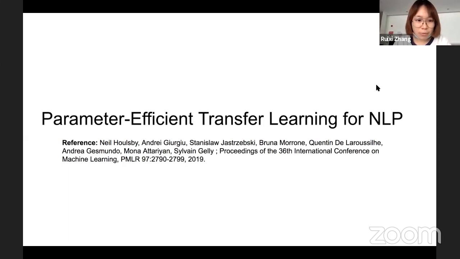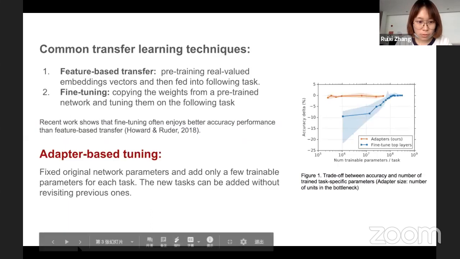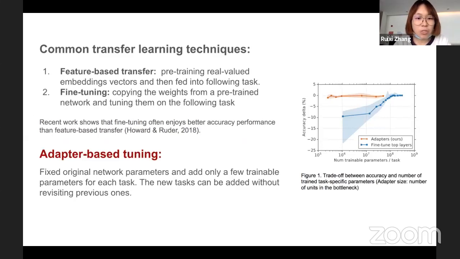So today I will talk about one paper, Parameter-Efficient Transfer Learning for NLP. Next page. Yes. So the commonly used transfer learning techniques are feature-based transfer, where we use the pre-trained real-valued embedding vectors and then feed them to the following tasks.